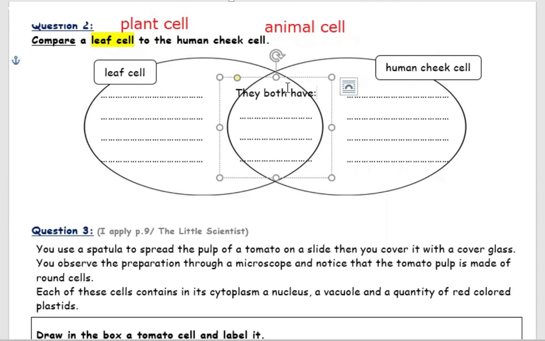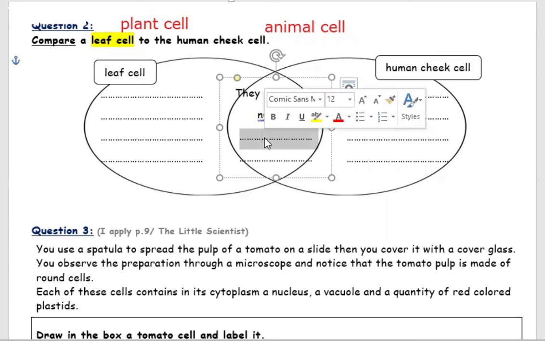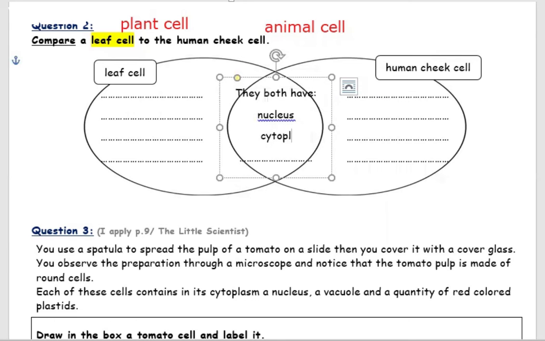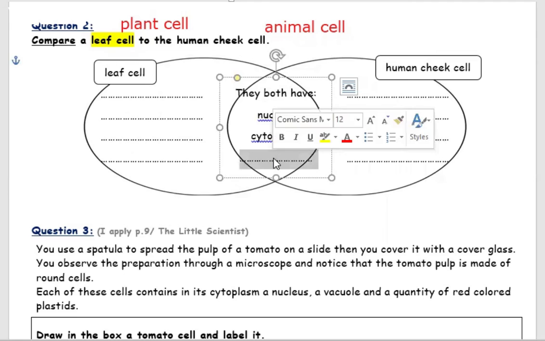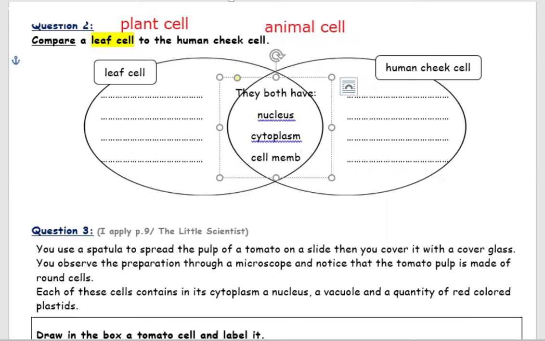Both have nucleus, cytoplasm, and cell membrane. That's right. So both animal cells and plant cells have a nucleus, cytoplasm, and cell membrane.